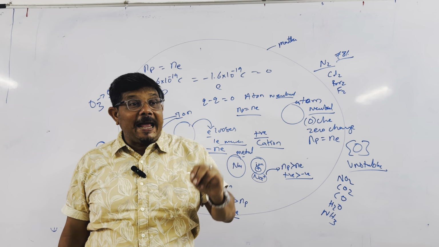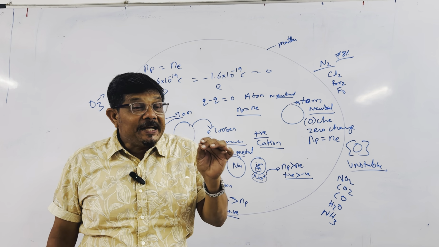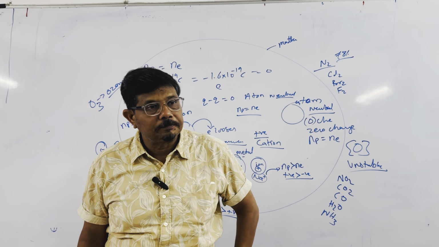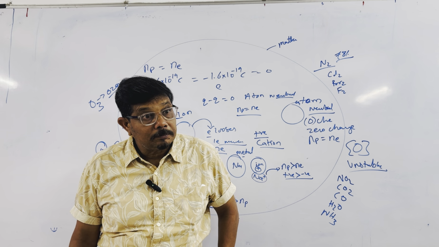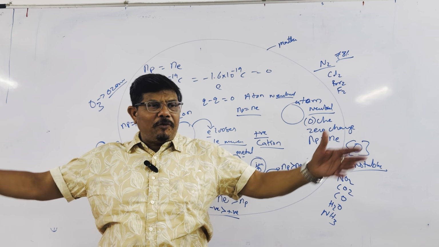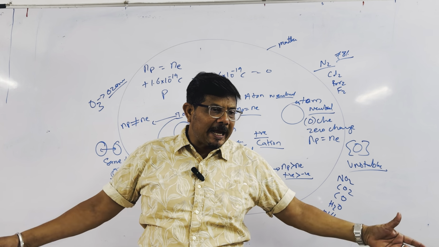In the case of gas, the interaction between molecules is negligible. They don't have any interaction between them. They are very far from each other. These are molecules. This is gas.